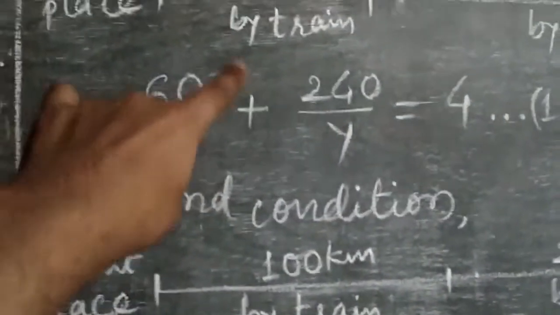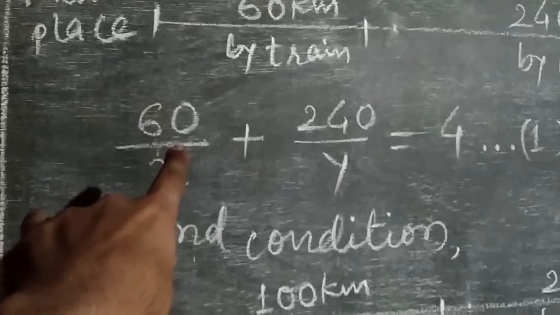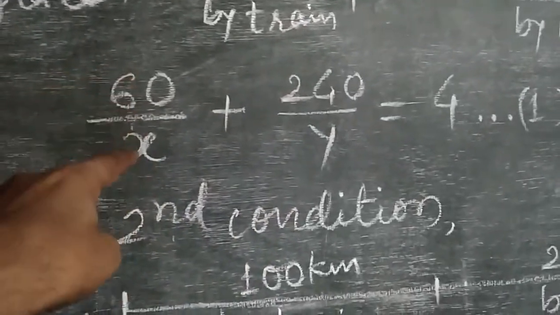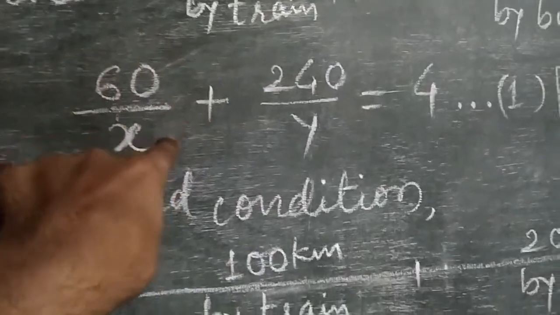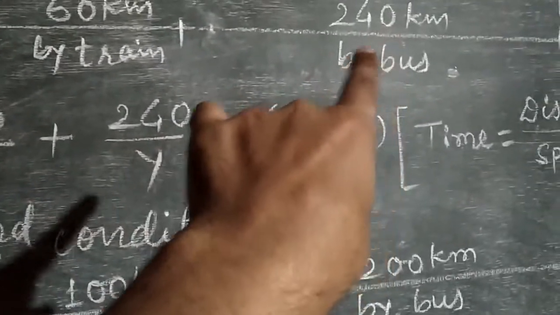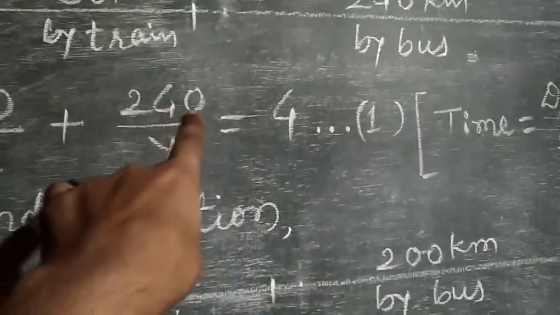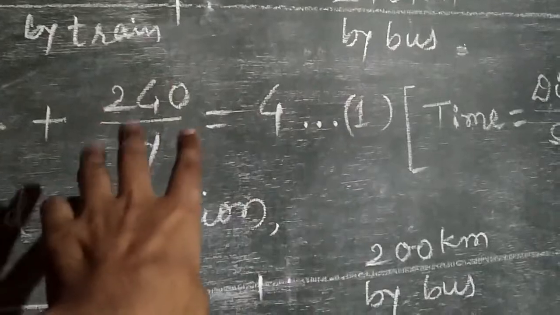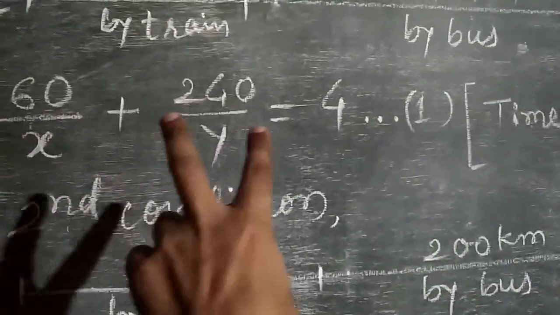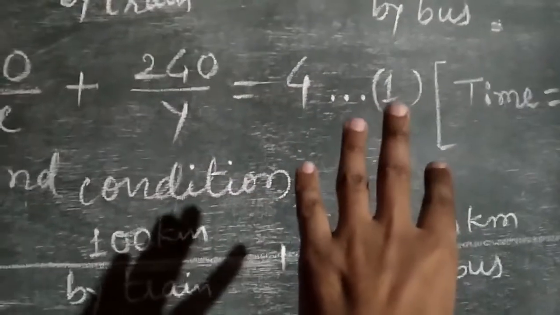For the train, the distance is 60 km and the speed of the train is x, so 60 upon x is the time taken by the train. Similarly, 240 km is the distance for the bus and the speed of the bus is y, so 240 upon y is the time taken by the bus. The total time, that is the time taken by the train plus the time taken by the bus, is 4 hours, so it is equal to 4. This is our first equation.